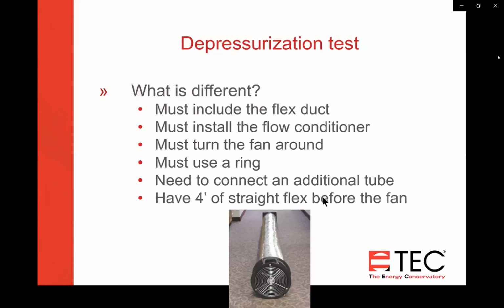You've got the flow conditioner to condition the air a little bit more. And you've got a flow ring, which also helps condition the air and helps concentrate it over where the flow ring is. So to get accurate readings with a depressurization test, you need to do all of these things.